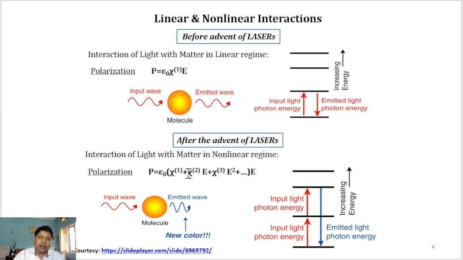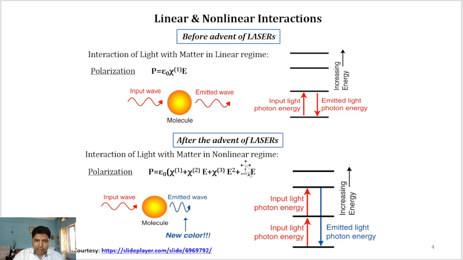So chi second order and chi third order are introduced, because initially they were not seen, as the intensity of light was very small. Now when lasers are there, their intensity is very high, because of which we are able to see the effect of chi 2 and chi 3, which are the nonlinear susceptibilities.